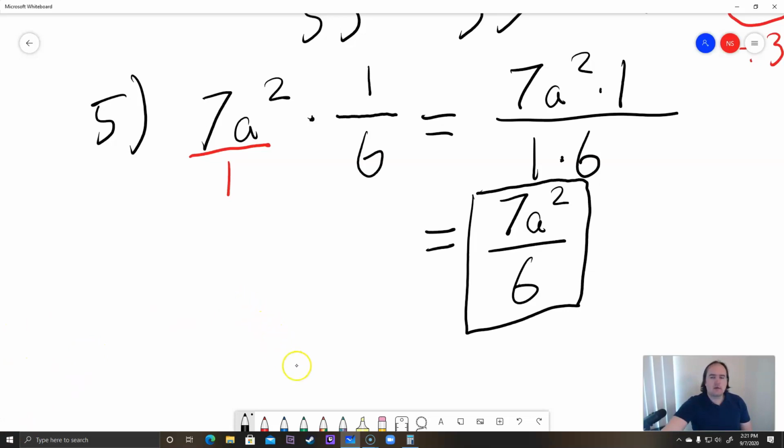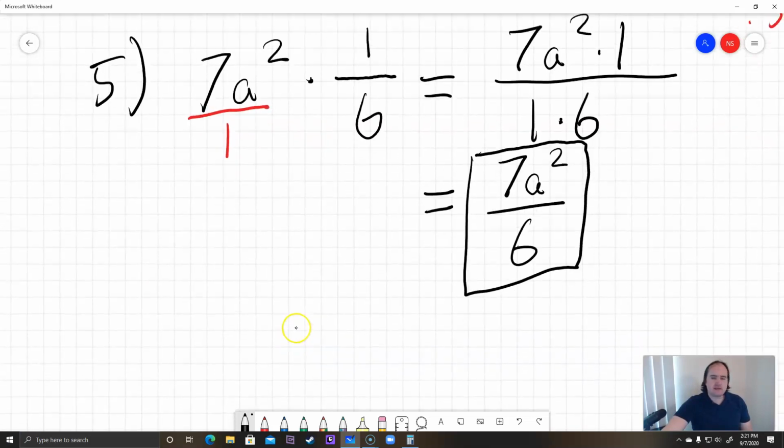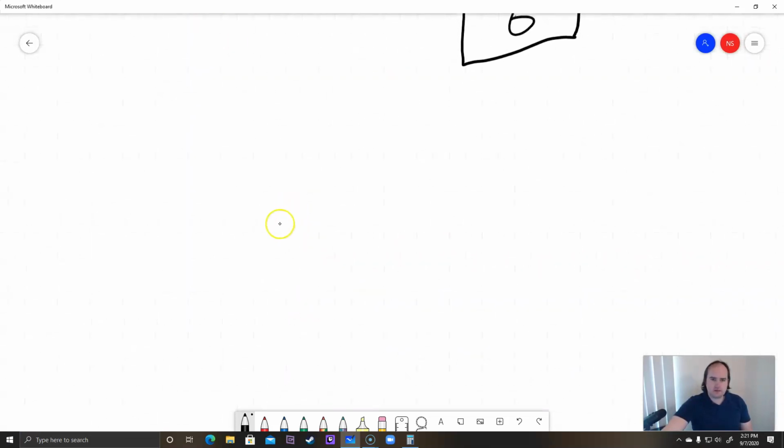Now all the problems we've done so far haven't had multiple variables, but in this next problem we're going to have multiple variables. So example number 6.